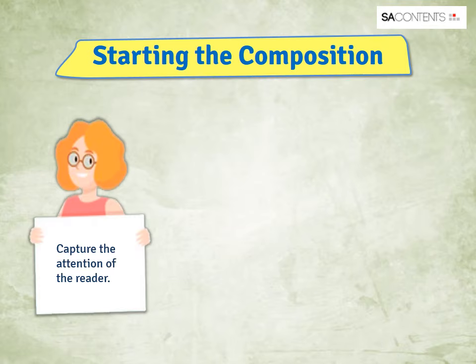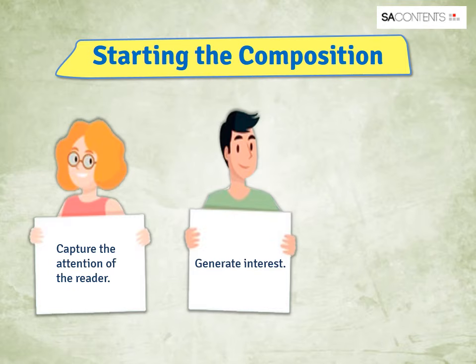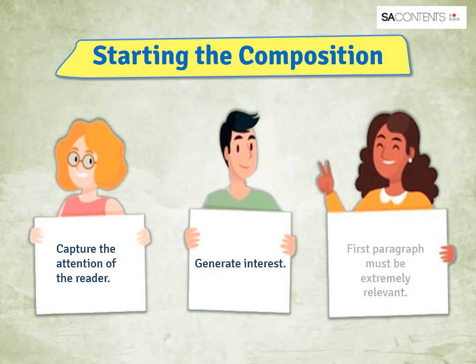So for this, one must write sentences in the beginning that generate interest for the reader of the composition. The first paragraph must be extremely relevant. That is, it must give an exact picture in words of what is there in the picture given to you that you are turning into a composition.